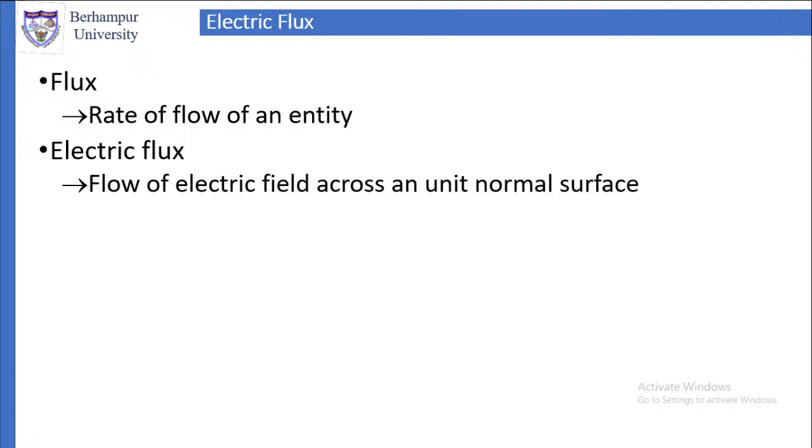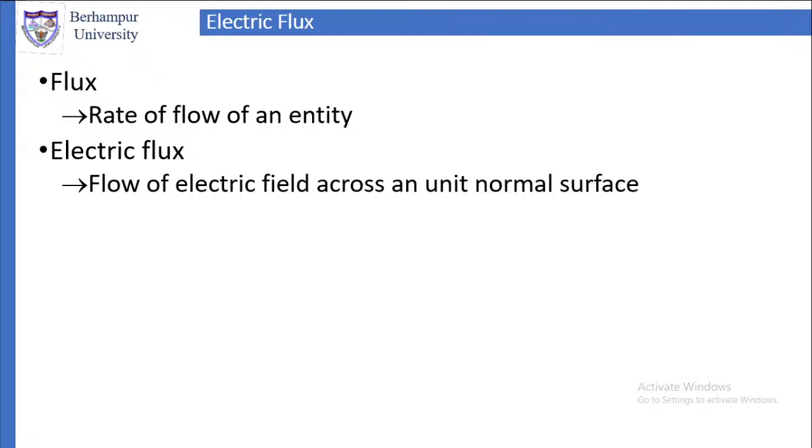Suppose there is a surface and the electric field is touching the surface, but the surface and electric field are not normal to each other. In that case, how are we going to find out the flux?